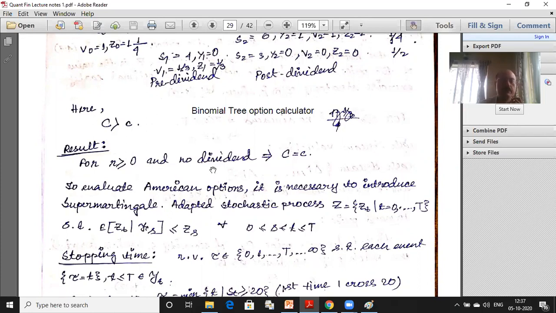So if there is no dividend and a fixed rate of interest, then the American option will not be exercised early. So it will behave exactly like a European option, and hence the price will also be the same. But if you introduce dividends, then we have already seen an example where the American option is more expensive than the European option. This is clear?